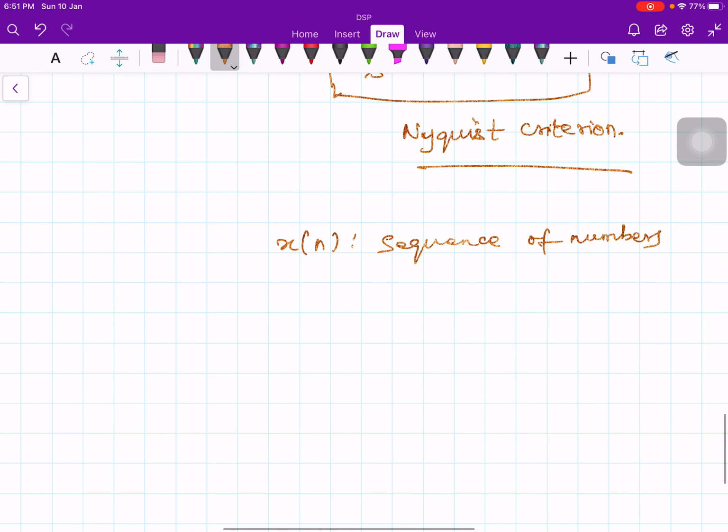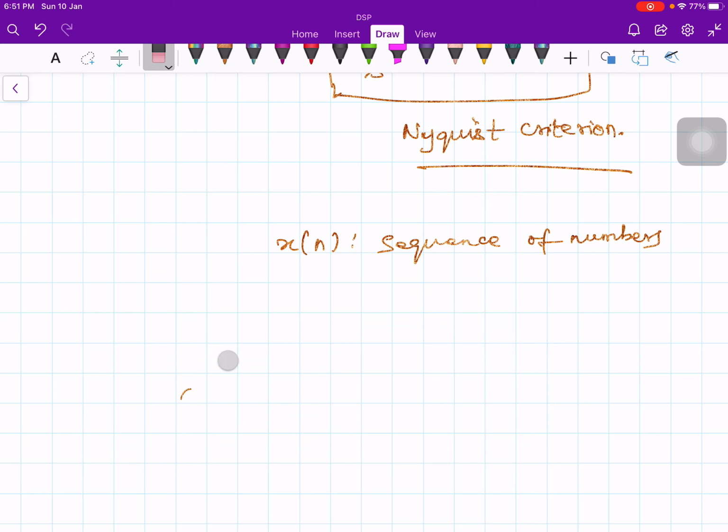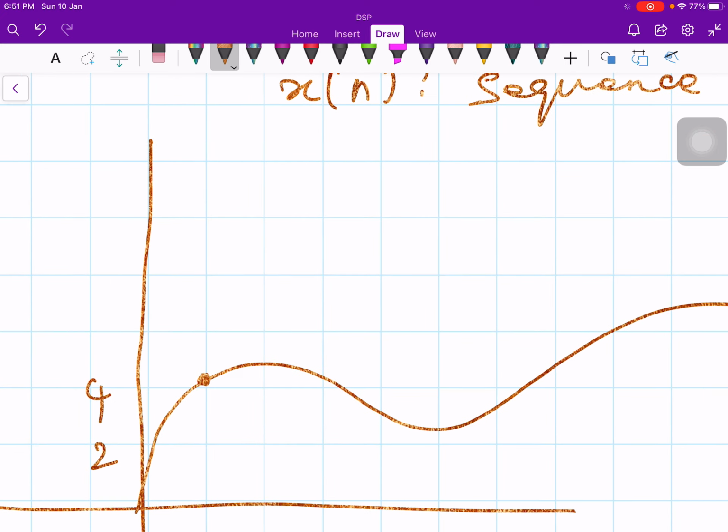Let's say you have a signal like this, and you take one sample here. Let me draw the diagram neatly so that you can understand clearly. The signal is like this. You take one sample, let's say this is 2 volts and this is 4 volts, and this point is rounded off to this value, so therefore this is 4.